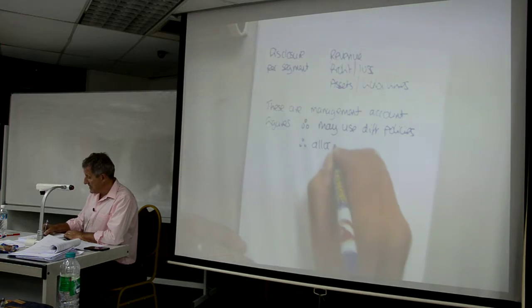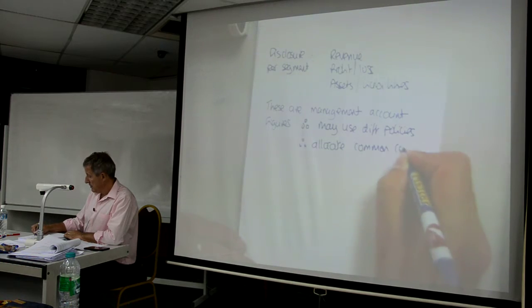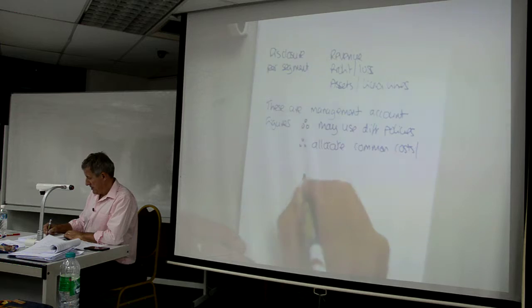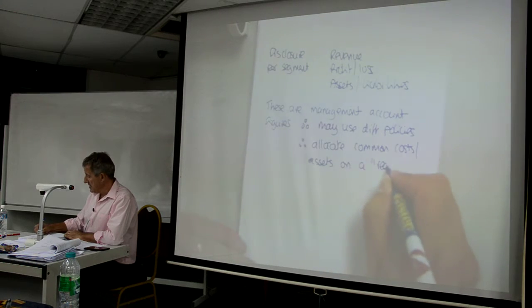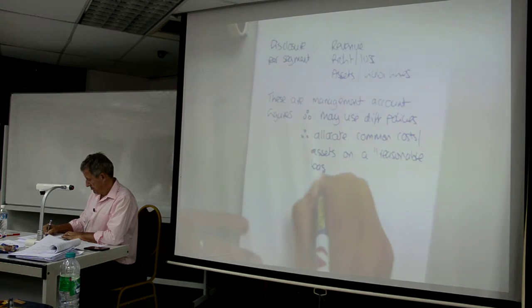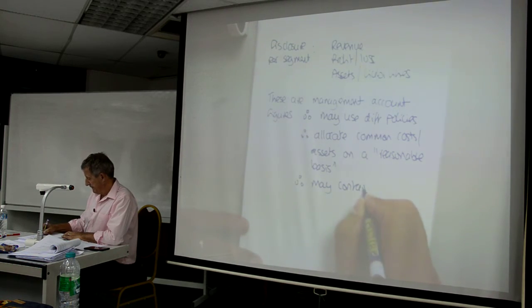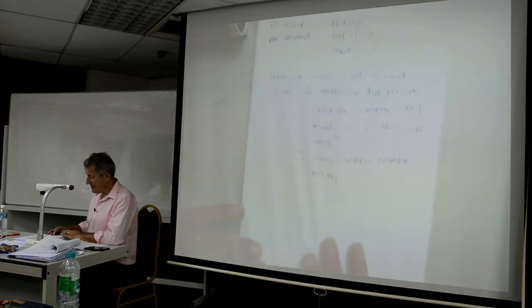And therefore they would allocate common costs and common assets on a reasonable basis. And therefore they may contain transfer pricing.